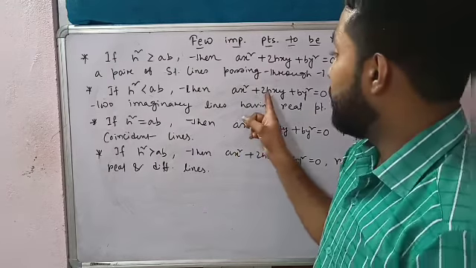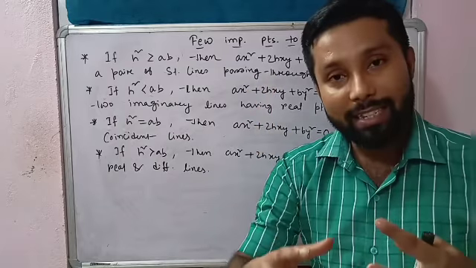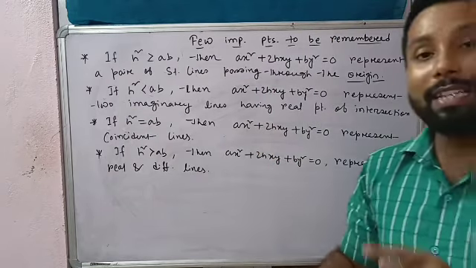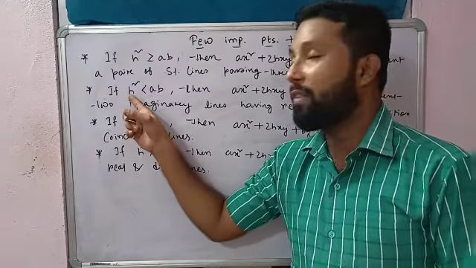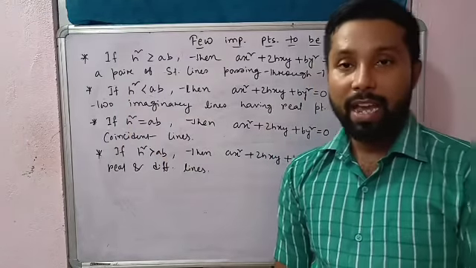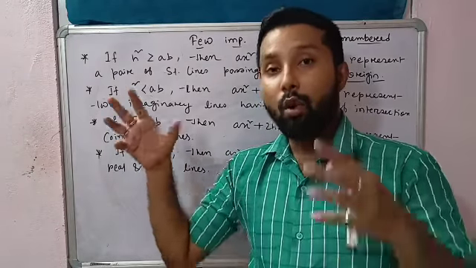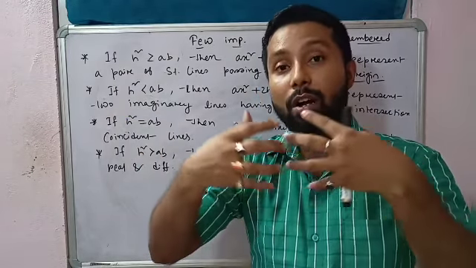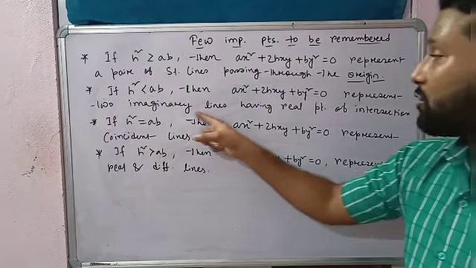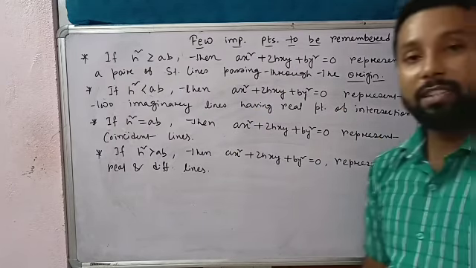Of course this equation is the combination of two lines, right? So these two lines will represent two imaginary lines if and only if the value of h square is less than ab. Okay, if the value of h square is less than ab, then those two lines which were combined to get this equation represent two imaginary lines having real point of intersection.